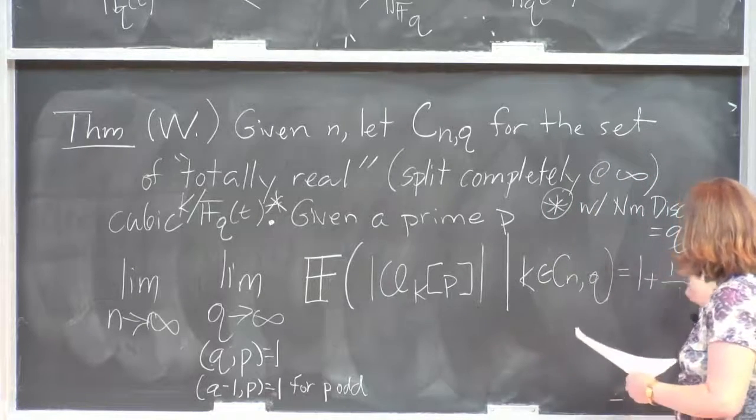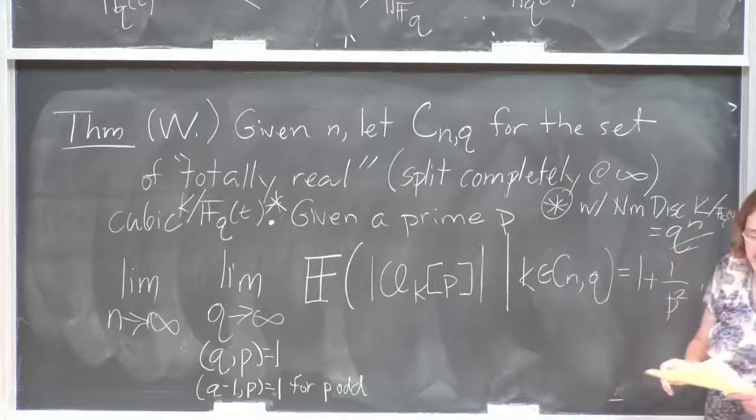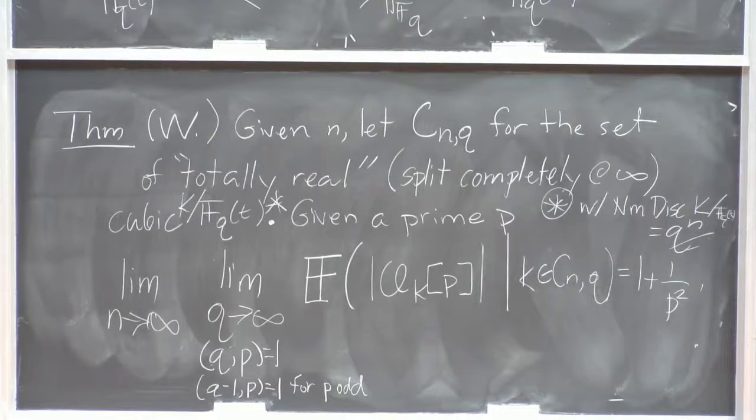And this is always 1 plus 1 over p squared, which, is it still on the board? Is the Cohen-Lenstra or the Cohen-Martinet conjecture for good primes. So maybe all primes are good.